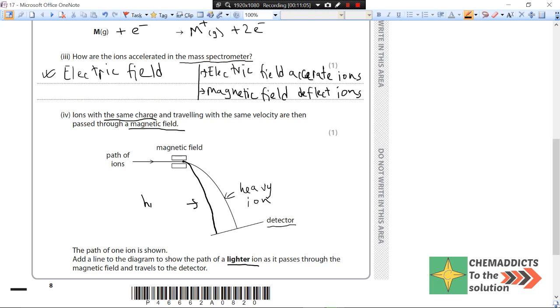Sorry, this is the path for lighter ions. Why? I will tell you why. Don't worry, I am here to make you understand. So here this should be a curve. It seems like a straight line. This shouldn't be a straight line.